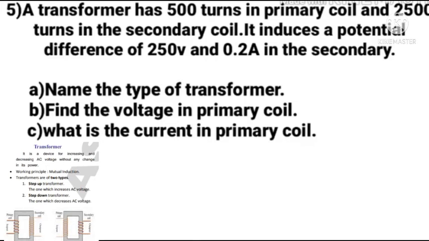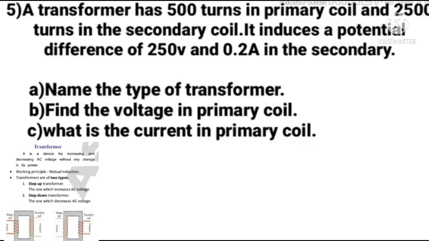In this case, we can notice from the picture: 500 turns in the primary, 2500 turns in the secondary. So the number of primary turns is less, as in a step-up transformer. So the transformer is a step-up transformer.